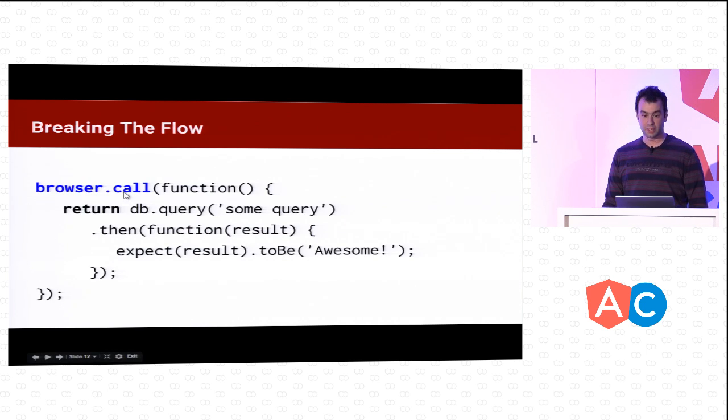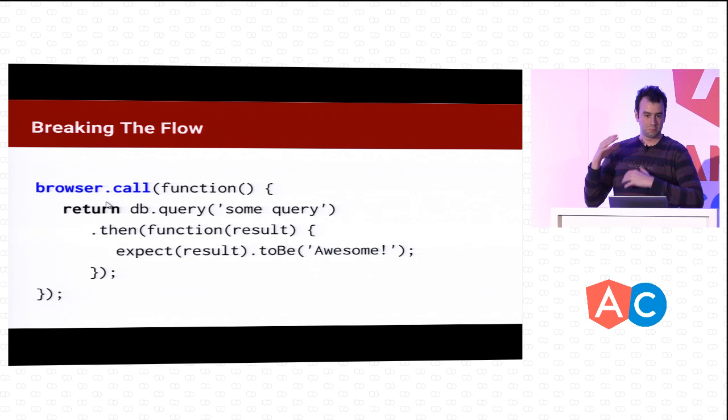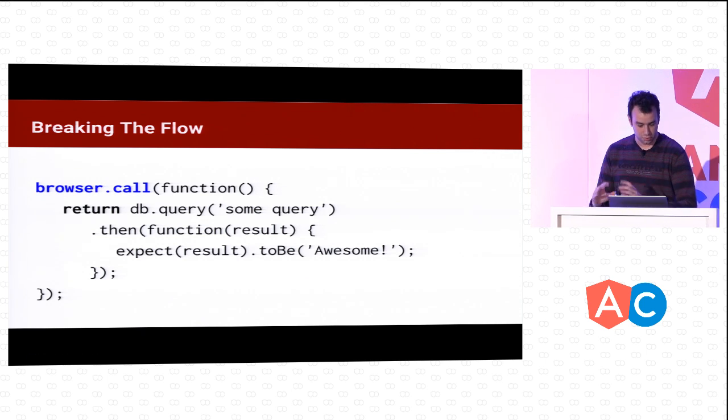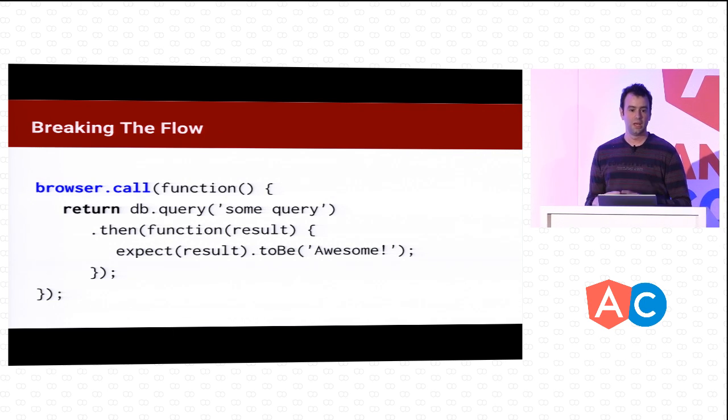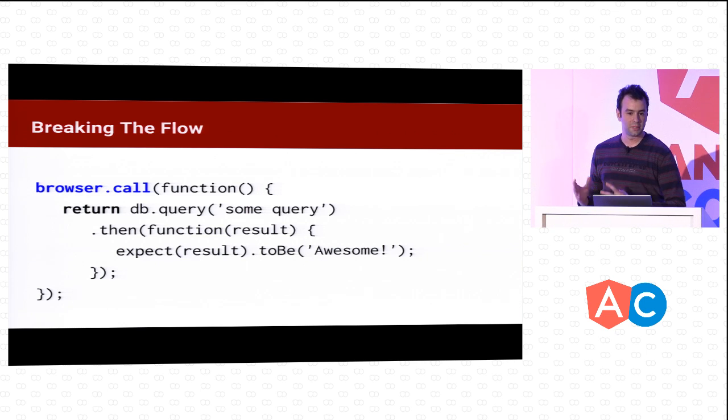So we need to wrap our code in browser.call that will put it into the queue. And then we have to deal with promises and all of that stuff. So the asynchronous abstraction of Protractor starts to break down as soon as we need to talk with a database or do some HTTP request, and it's not awesome.